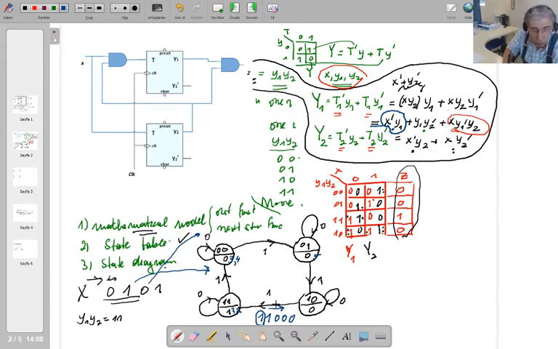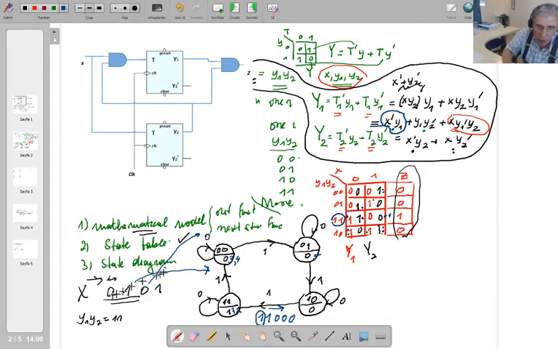If you want to do this analysis on the state diagram, so I'm going to show it to you, so it's going to be more confusing. Why is that? So my present state 1, 1, so we're going to start from here. So that means this is what you're going to observe first.